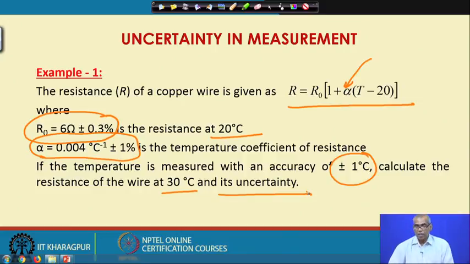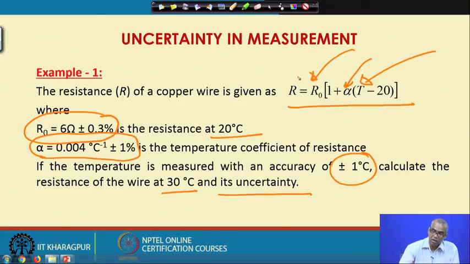So, I have the value of R 0 at 20 degree Celsius, uncertainty specified, value of alpha specified and uncertainty also specified. The temperature is measured with accuracy plus minus 1%. So, inaccuracy of all these individual measurements are given. I have to combine these uncertainties to get the overall uncertainty in R.